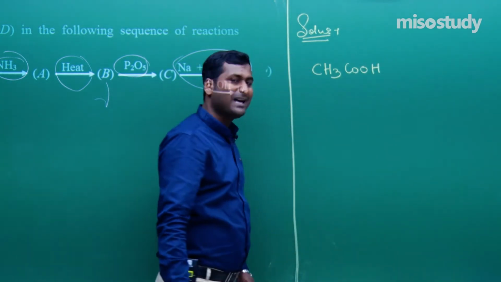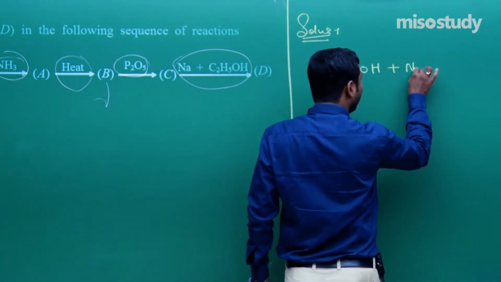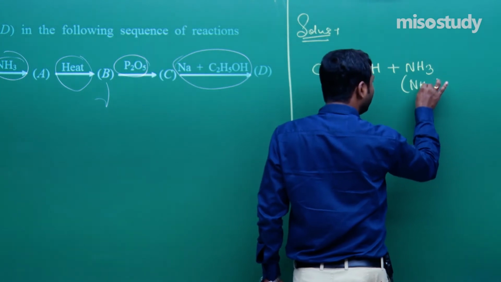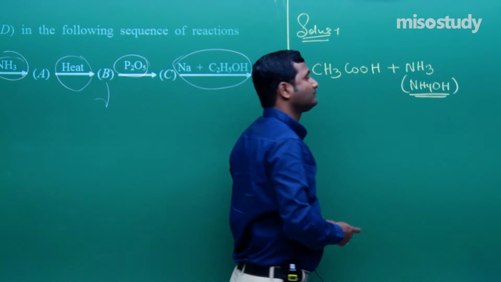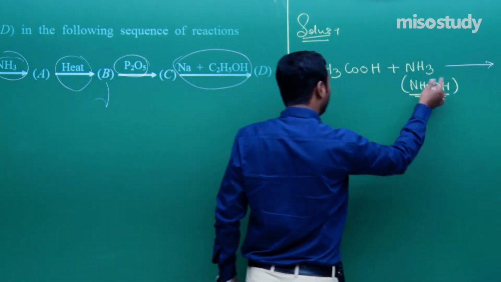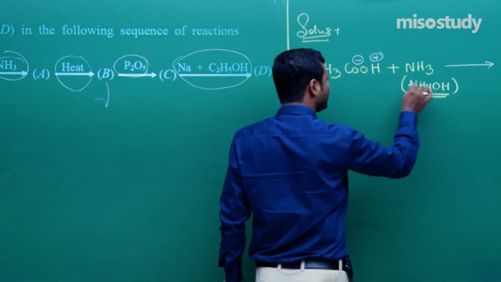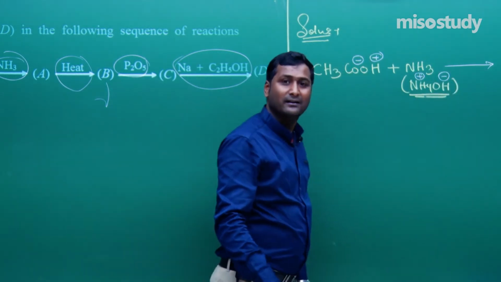CH3COOH, acetic acid, on treatment with NH3, that is ammonia. It can be written like this so that the reaction is very much feasible. Clear? Why have I written this? Look at this, this will get a minus sign, this will get a plus sign, this will get a plus sign, this will get a minus sign. Am I right?